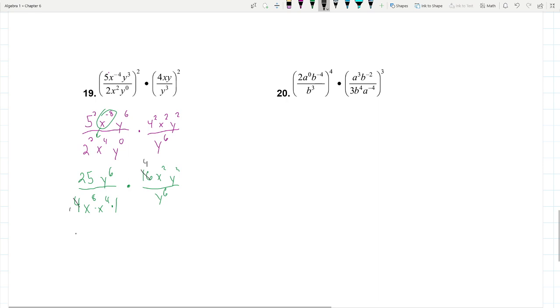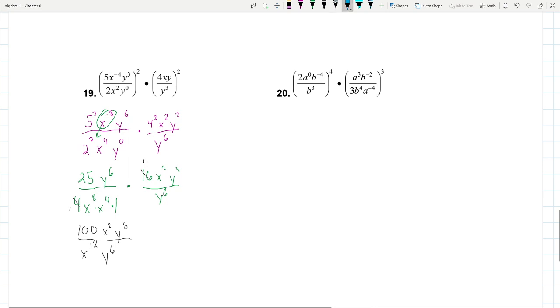And so I go 25 times 4, that's 100. X squared comes over y to the 6th, and y to the 2nd makes y to the 8th, over x to the 8th times x to the 4th makes x to the 12th. And then I got a y to the 6th.